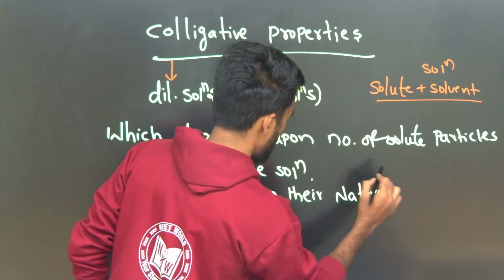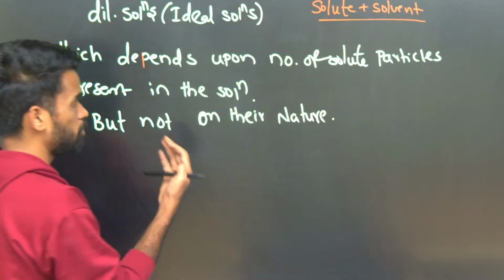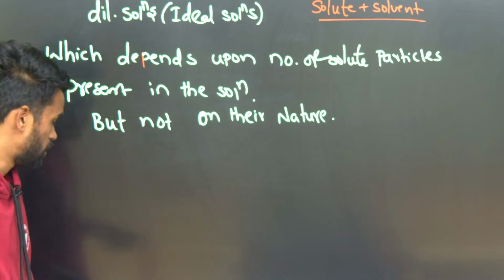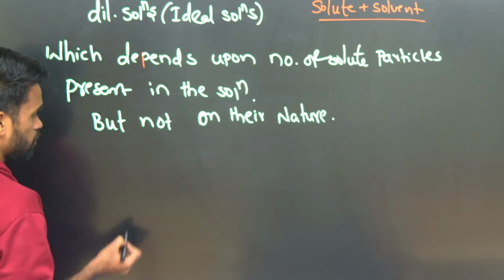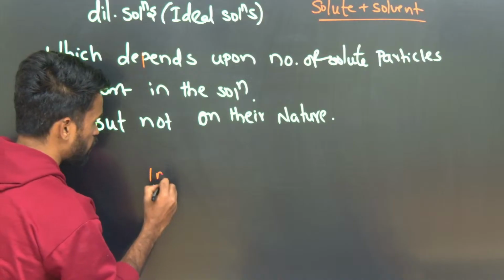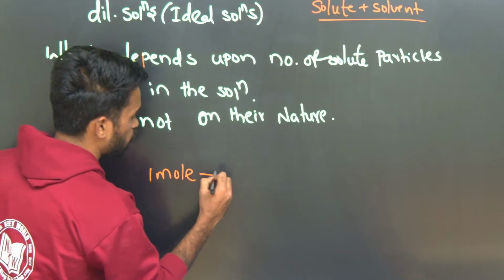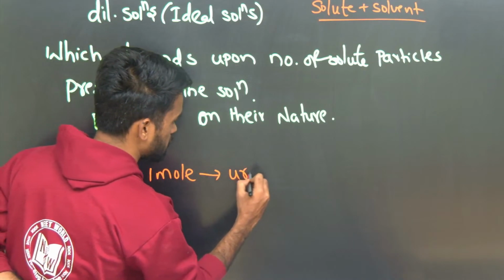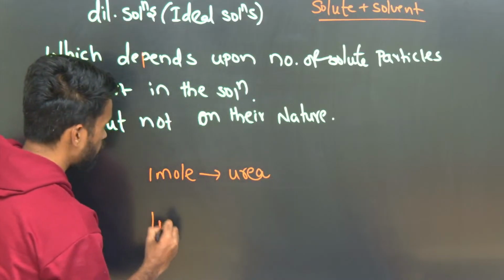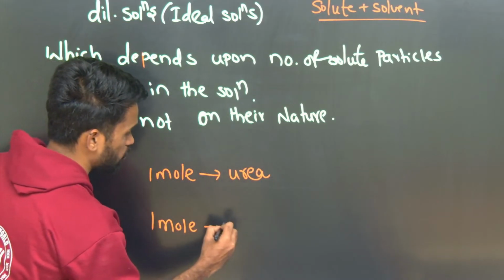I will tell you what this number of solute particles means. For example, you can consider 1 mole of a non-electrolyte, 1 mole of glucose or urea, and 1 mole of an electrolyte, 1 mole of NaCl.